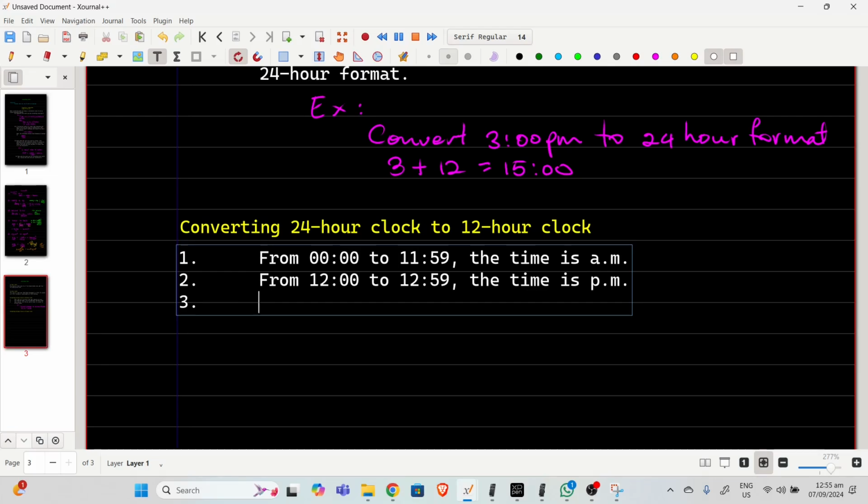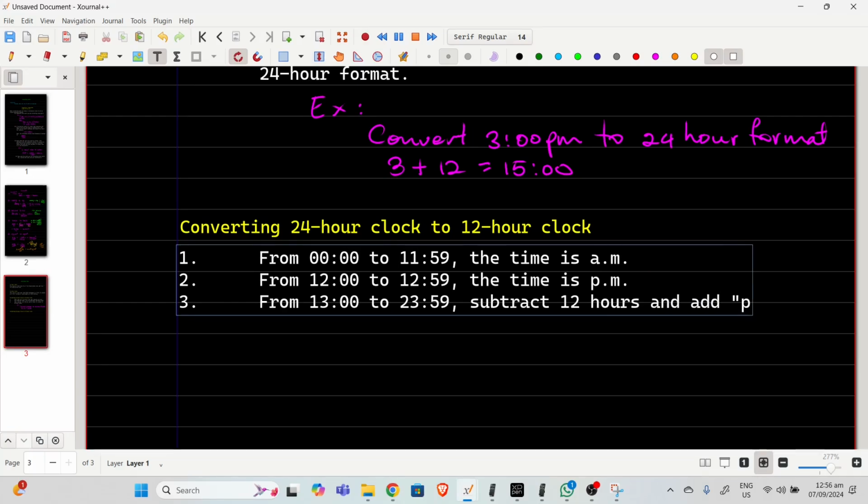And then from 1300 to 23:59, subtract 12 hours and add PM.